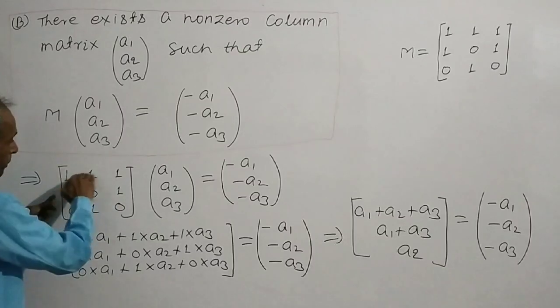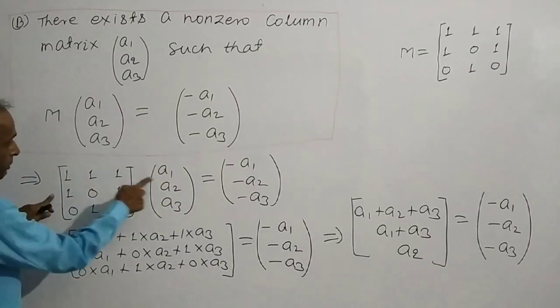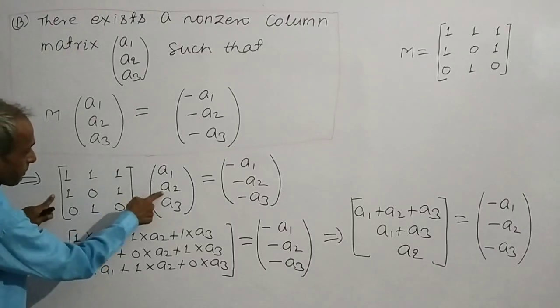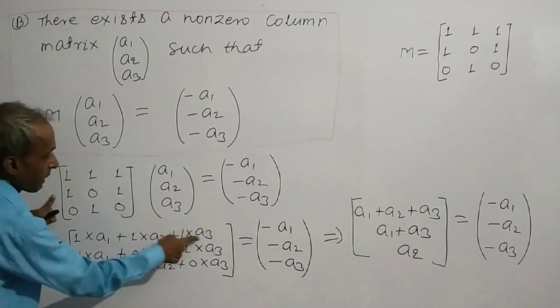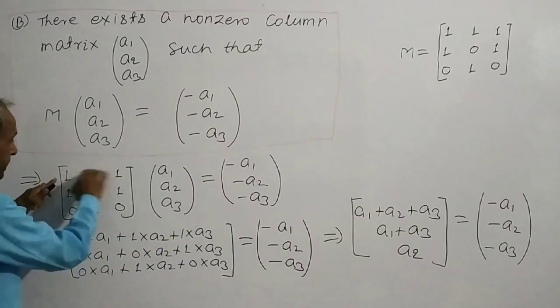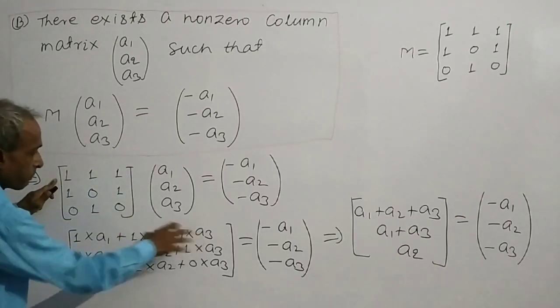First row multiplied by this column, 1 multiplied by A1 plus 1 multiplied by A2 plus 1 multiplied by A3. Multiplication by first row is complete.